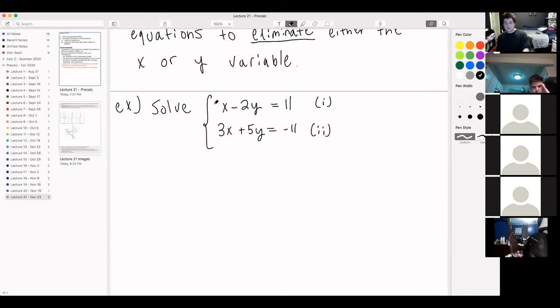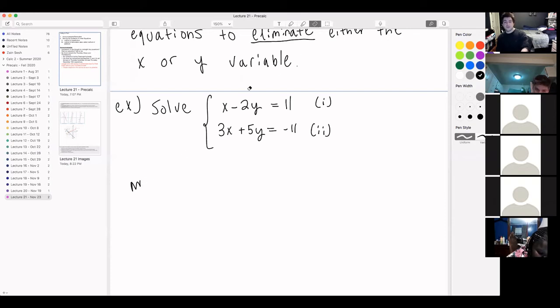So what if there was a 3x in front of x? Then if I subtracted the equations, I would have 3x minus 3x, and the x variable would vanish. That's what I want to do: I want a coefficient of 3 in front of x. I can't just write 3x because that will change the whole equation, but I can multiply the whole of equation 1 by 3.